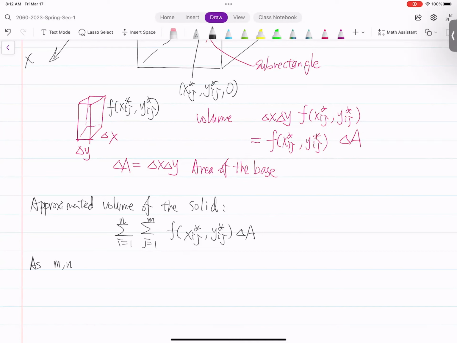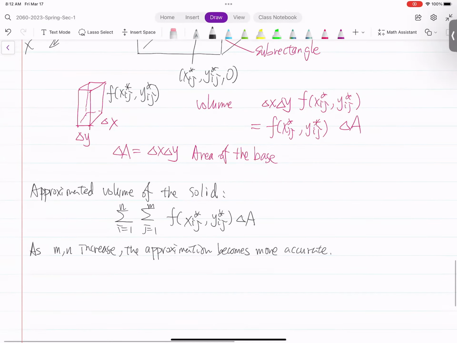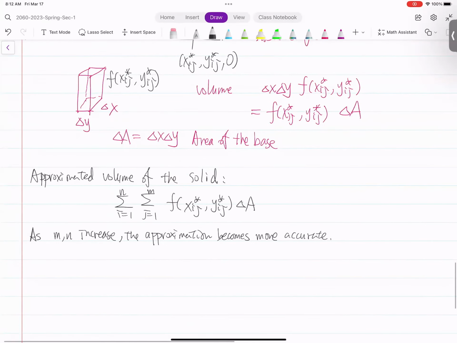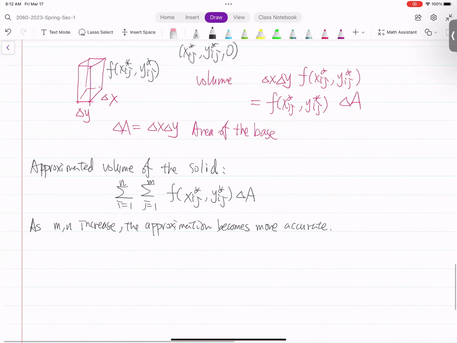As m and n increase, the approximation becomes more accurate. And of course, if we take the limit, if it converges, we are great. That's going to be the exact volume. Definition.